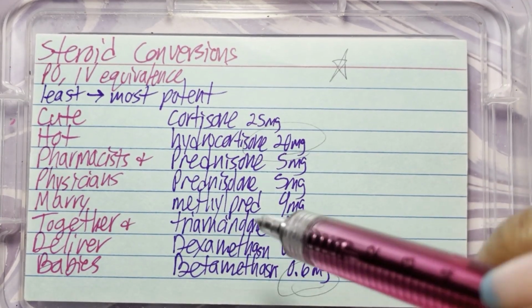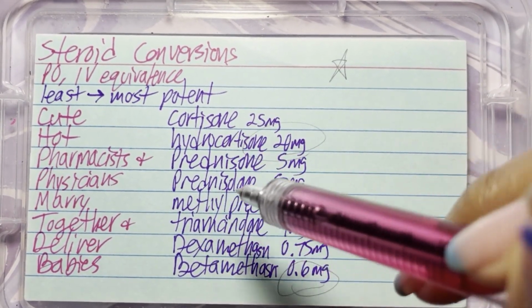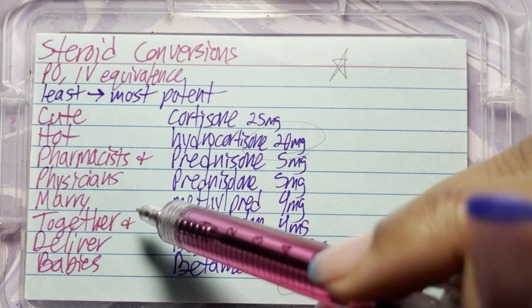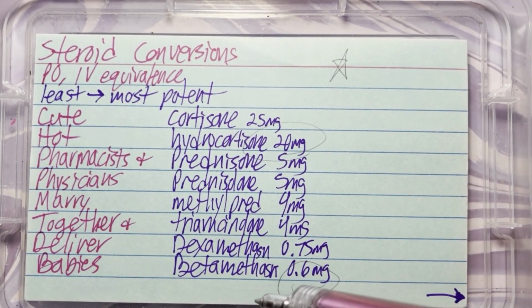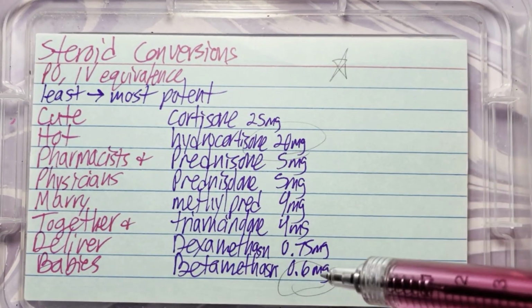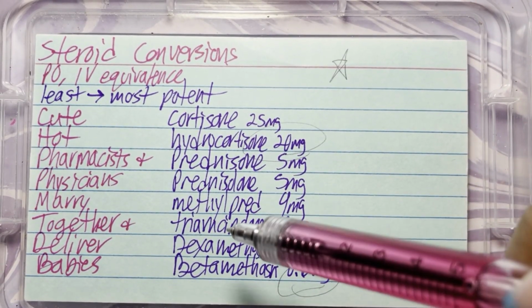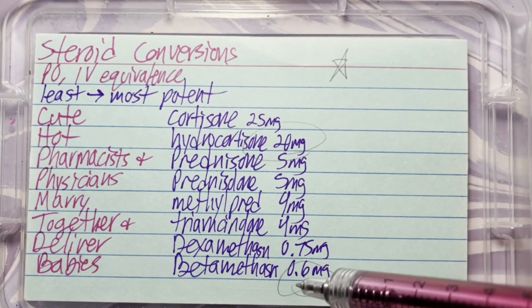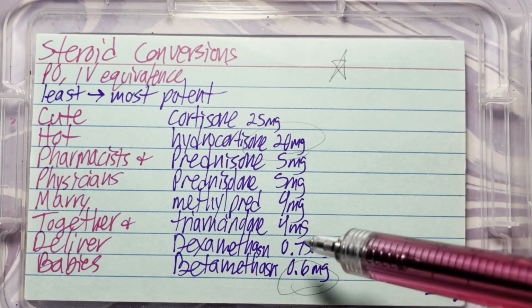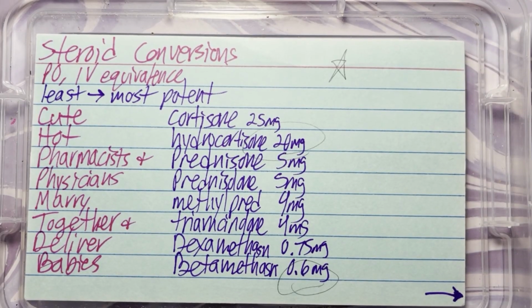Both of the P's, PP 5, PP 55. MT, married together, 44. MT, 44. The pharmacists and physicians have four kids because they married together. PP55, MT, 44. And then the last two are going to be decimals, and they're pretty close decimals too, 0.75, 0.6.